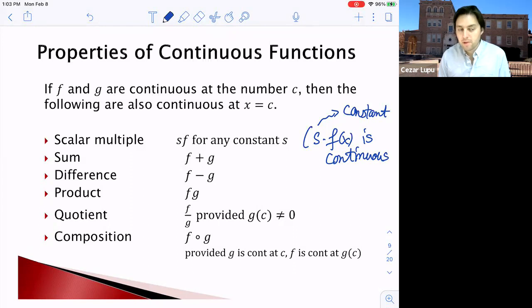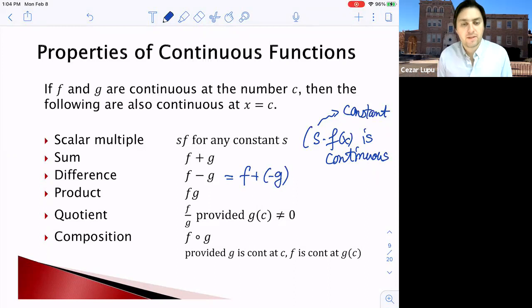also be continuous. Now the sum: when you have the two continuous functions, f and g, then clearly the sum will be continuous, right? Also, the difference is more like a sum because the difference is nothing else than just f plus negative g. So if the sum is continuous, then the difference follows immediately.